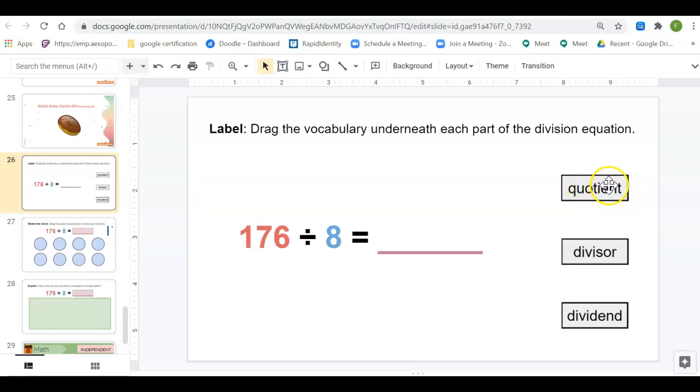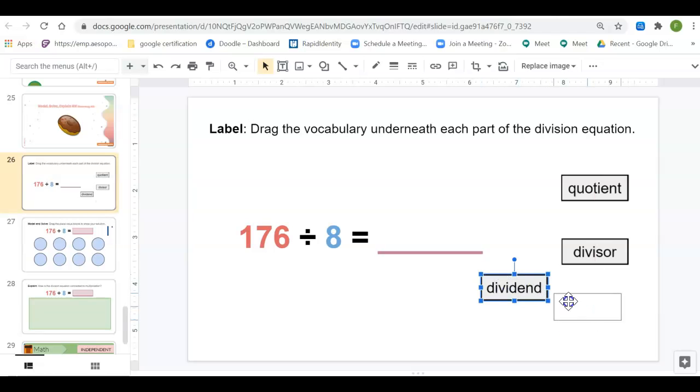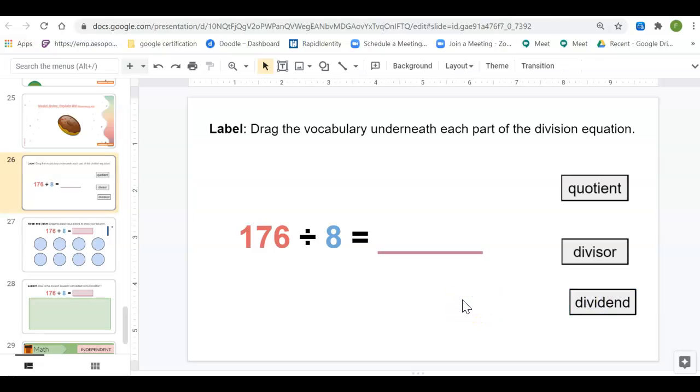And you would just drag whichever one you think is the quotient and put it underneath. Divisor, same thing. You would figure out which one is the divisor. You would put it underneath. The dividend, you would just drag and drop over to wherever you think it should be. Put it underneath either one of these. And that is the remainder of your independent work.